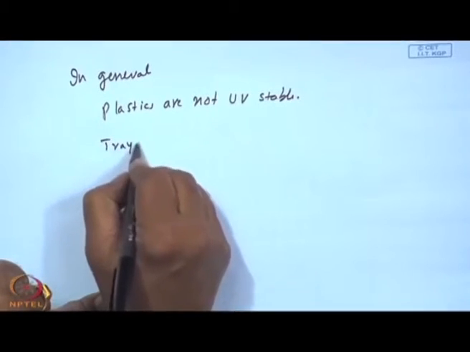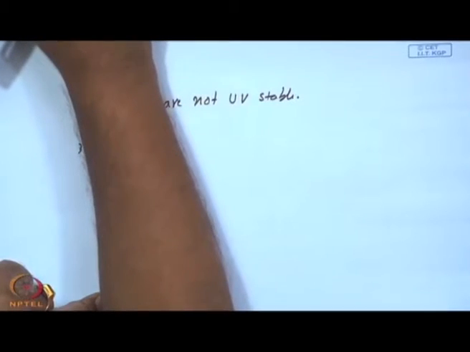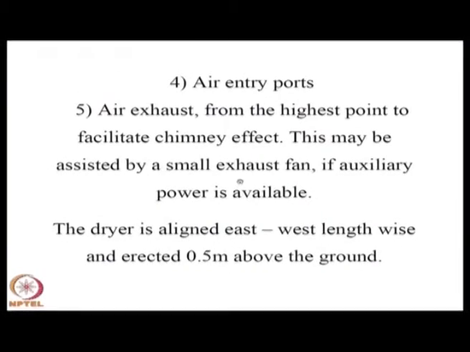And a transparent cover, which can be glass or plastic, and then third, of course, the trays, with size and stacking depending upon the size of the product to be dried. That's what I have already said. And air entry ports for air entry.